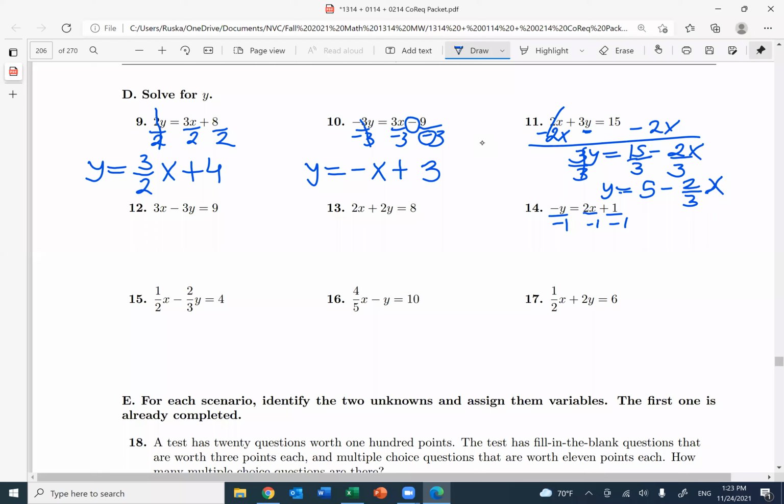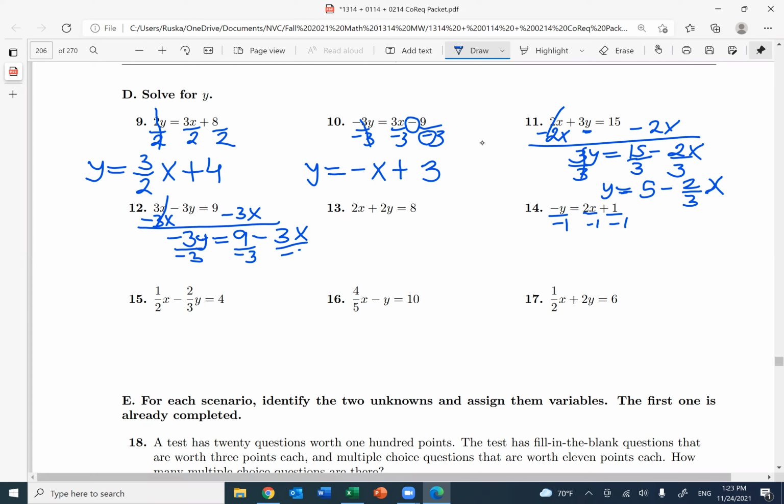Now let's do one like that, like 12. You want to get y by itself, so always the steps are move the x over, minus 3x, and then divide by the number in front of y. That's always the steps. So I have -3y equals 9 minus 3x, and divide by -3.